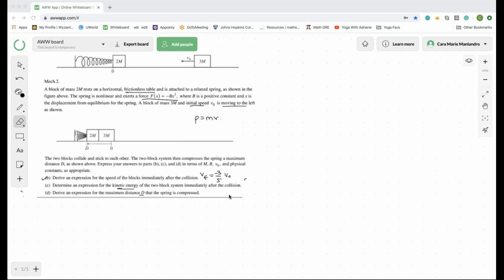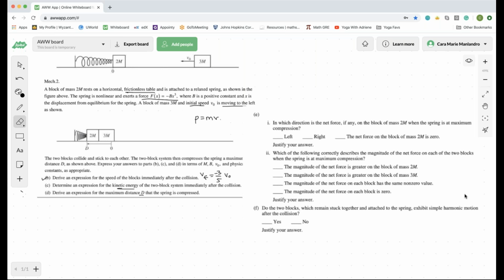All right, so for part E here, in which direction is the net force, if any, when the spring is at maximum compression? Okay, so here we have to know that the force of the spring is a restoring force.